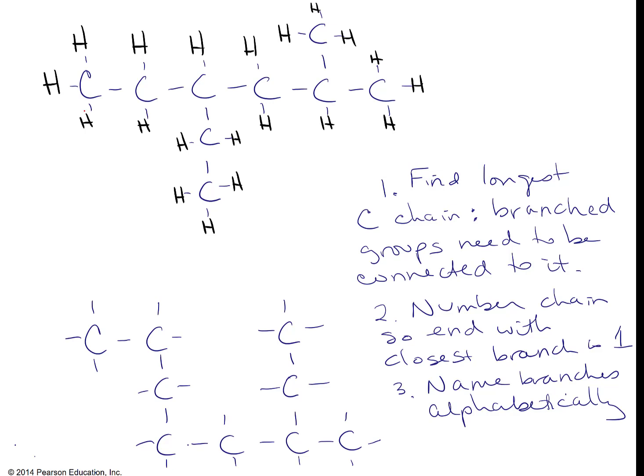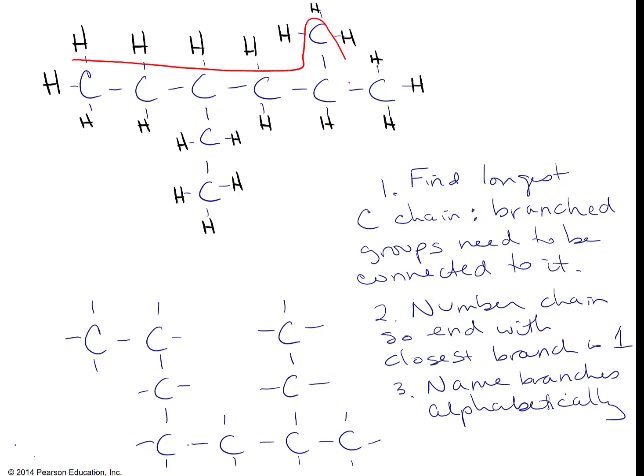So you look and find the longest carbon chain. And in this one, how many do you see? You see 6. So there's 1, 2, 3, 4, 5, 6. You may see, some people may, if you go this way, what's that? It's only 5. Don't do that one.